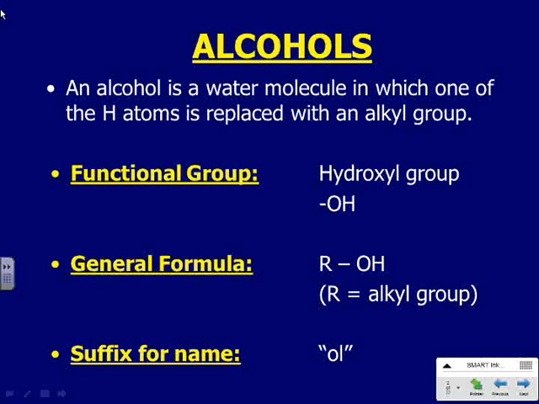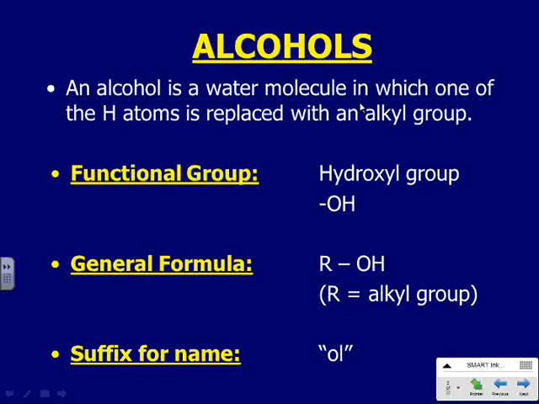What we are doing now is introducing into the molecule a different atom other than carbon and hydrogen, and that atom is oxygen. We are going to add that oxygen connected to a hydrogen off of the alkyl group, and that's going to result in an alcohol.